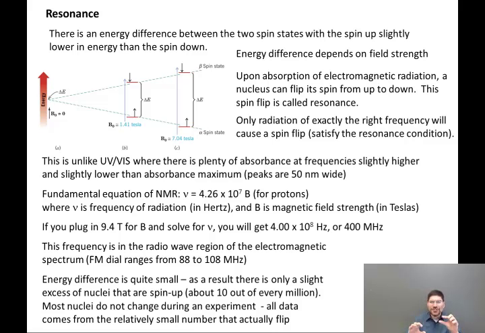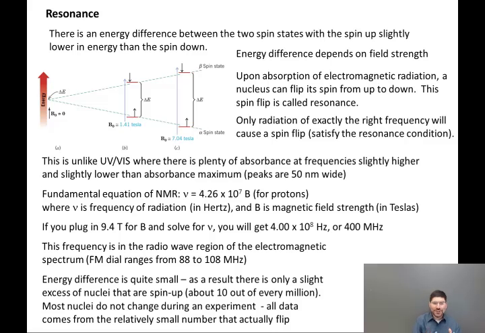So because this energy difference is so small, there is actually only a slight excess of nuclei that are spin up. That slight excess, we're talking about 10 nuclei out of every million. Again, this is in contrast to electronic spectroscopy, where molecules exist almost exclusively in the ground state, and only for a very short time do a small number of molecules get excited to the excited electronic state.